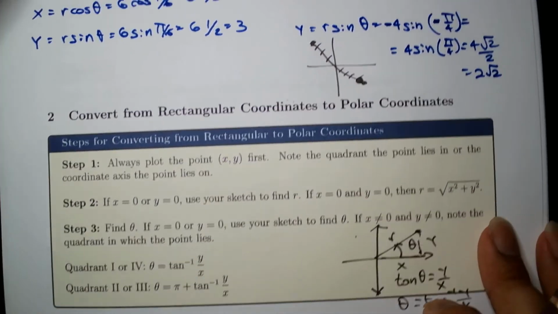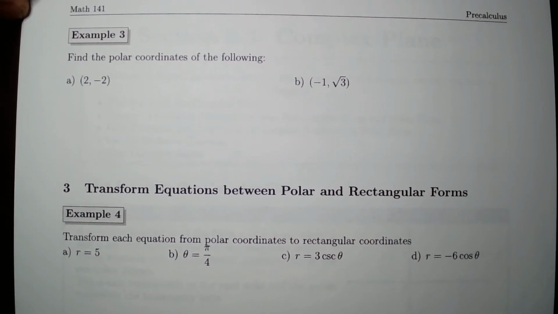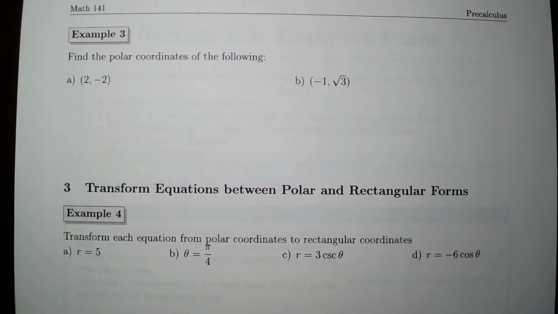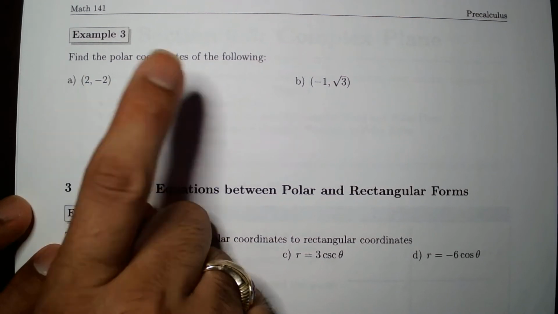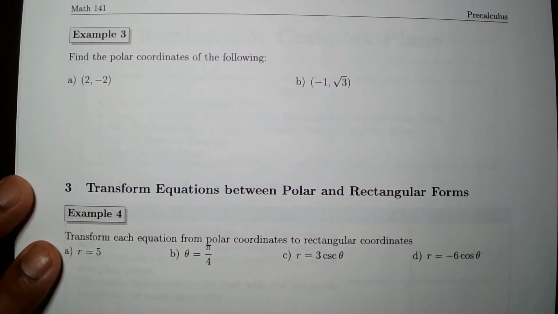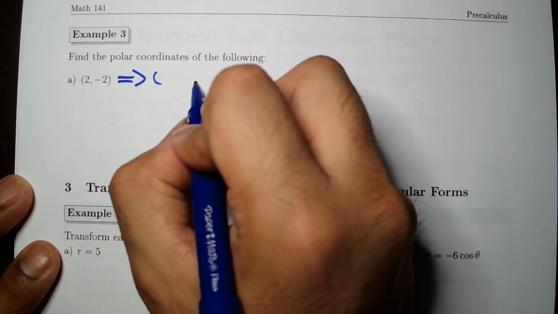All right, let's go over some examples of how to convert points that are given in rectangular coordinates and change them to polar. So that's going to become something, comma, something.